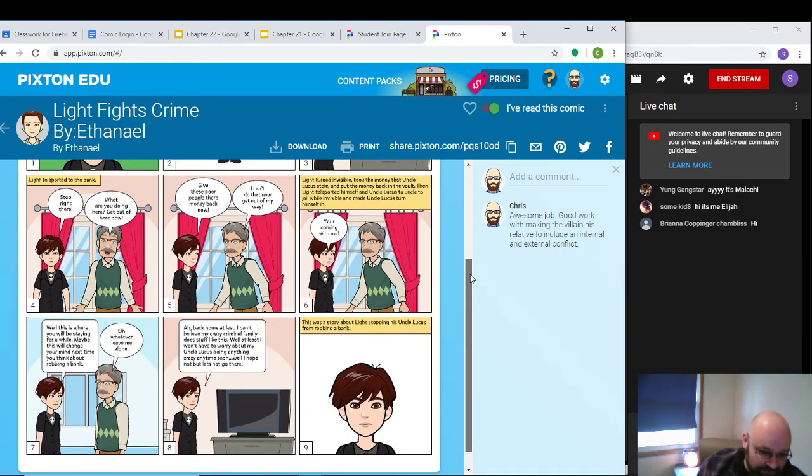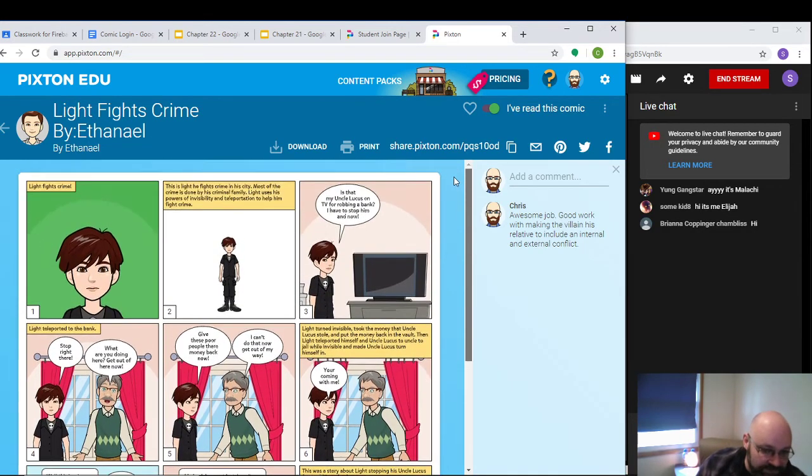This is an example of Nathaniel's from 7th grade, and they were assigned to create a comic book about a superhero. So if you look through what he did here, he has a character, he explains what the problem is. In this case, he has a power to turn invisible and to teleport, and he wants to fight crime, and he finds out from watching television that his uncle has committed a bank robbery.